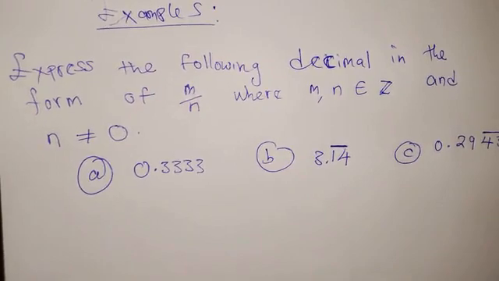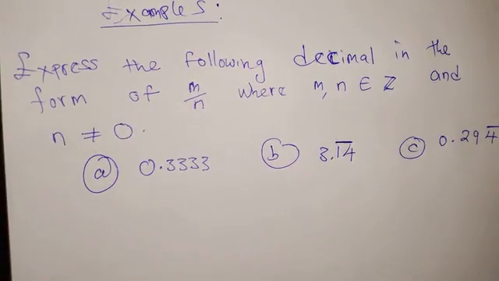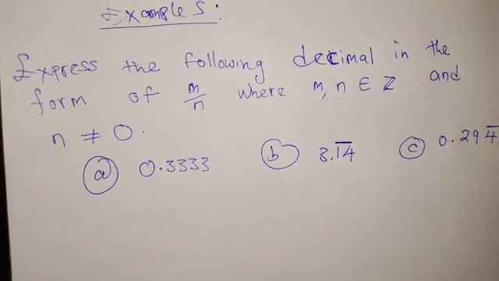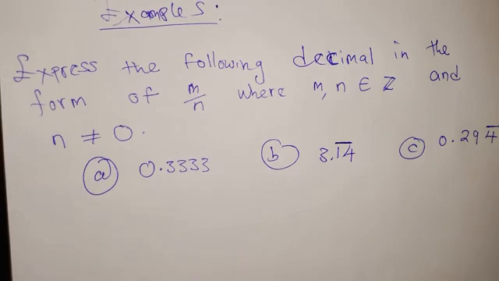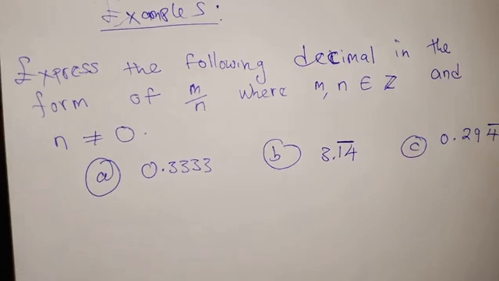these three here, and we're being told to express the following decimals in the form of m over n. Remember, we simply said that anything which can be expressed in the form of m over n, where m and n are integers and n is not equal to 0, automatically by default those numbers are qualified to be called rational numbers.